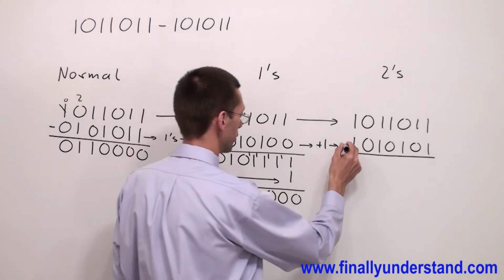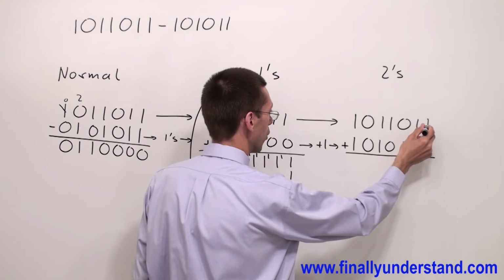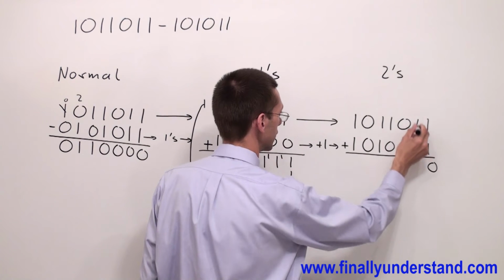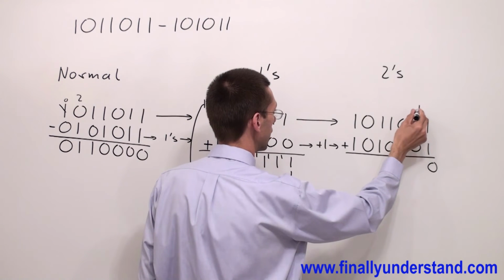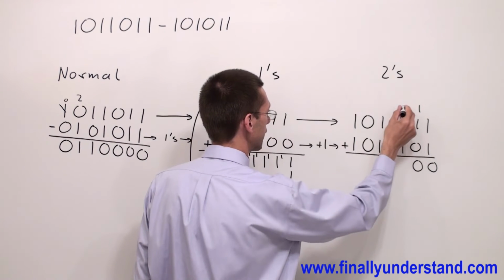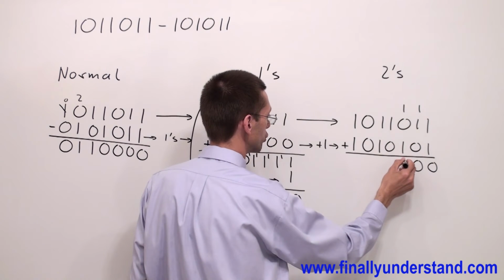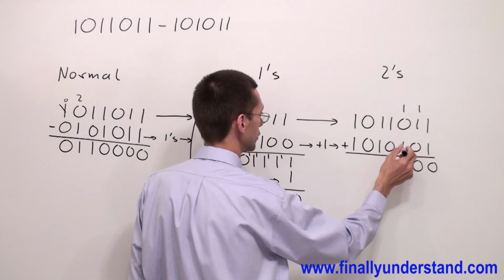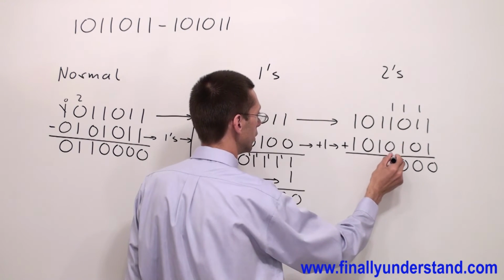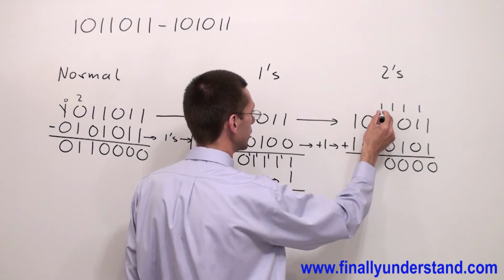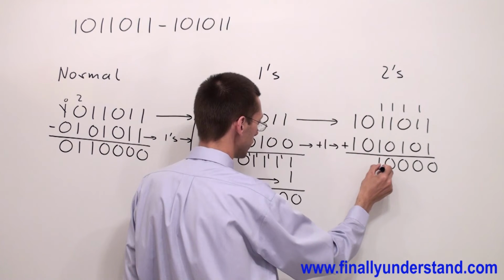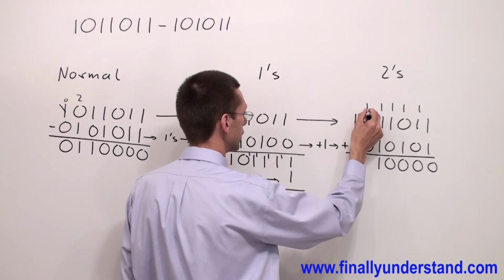And simply perform addition. 1 plus 1 is 2, write 0 and carry 1. 1 plus 1 is 2 and carry 1. 1 plus 1 is 2, write 0 and carry 1. 1 plus 1 is 2 and carry 1. 1 plus 1 plus 1 is 3, you're supposed to write 1 and carry 1.